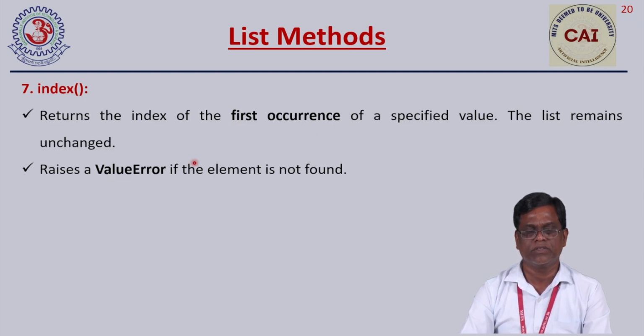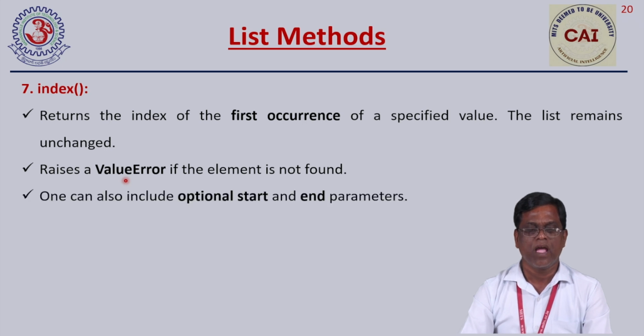One more thing: if the element you specified is not there in the list, it will raise a ValueError, as we discussed for the previous method. For this index method, we can specify the starting index and the stop index, that is, between which index values we need to search for a particular element.